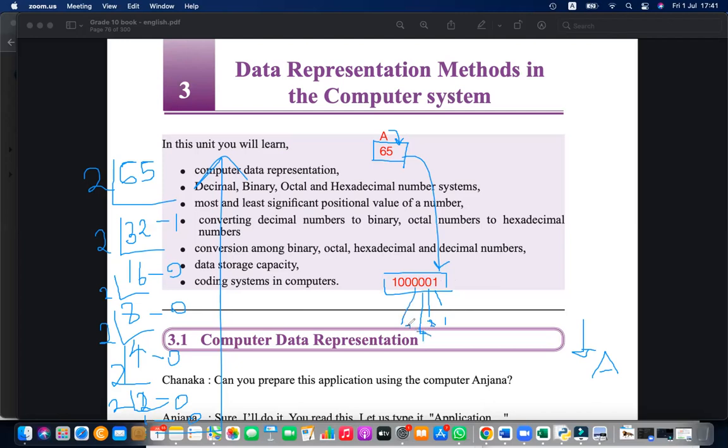This is 8, you don't have 8s. This is 16, you don't have 16s. This is 32, you don't have 32 as well. And then this digit value is 64, double of that, and you have 1 64. So 64 plus 1, that is 65. So this is how you convert binary to decimal.